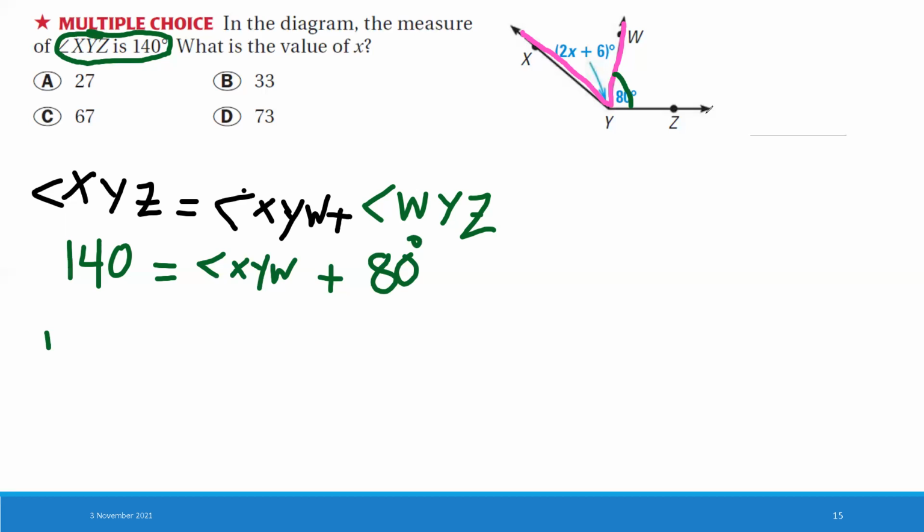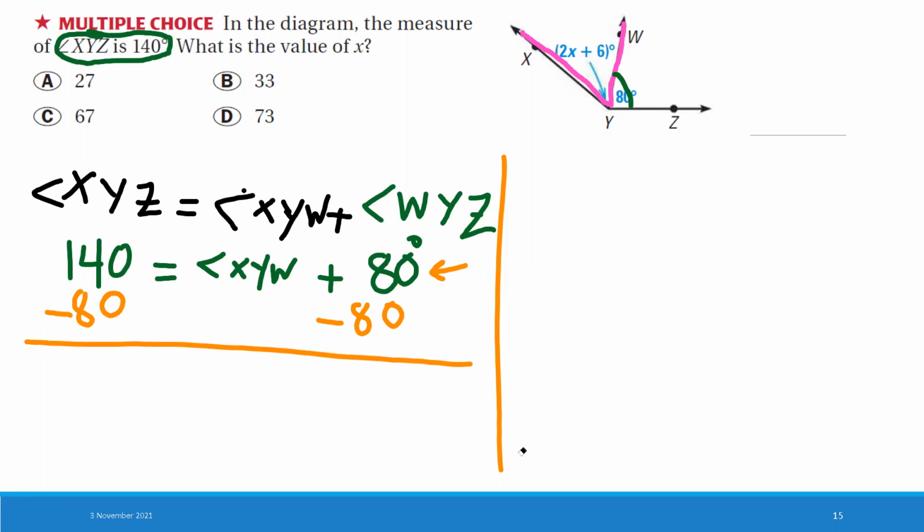So what is the measure of the angle XYW? 140 minus 80. 140 minus 80 is?